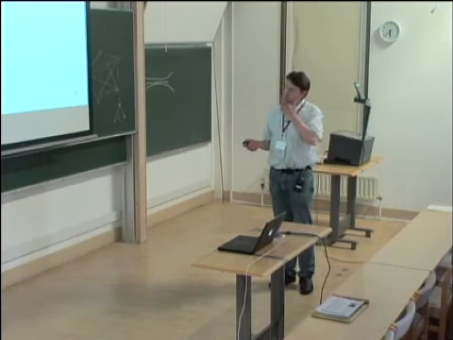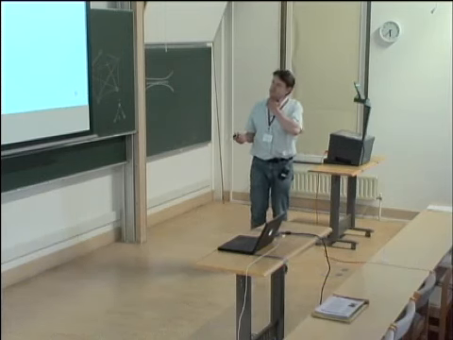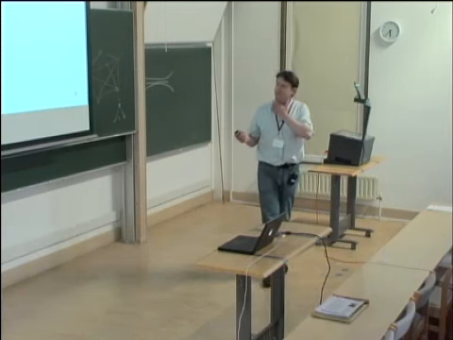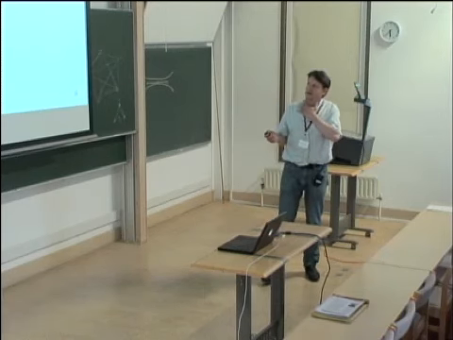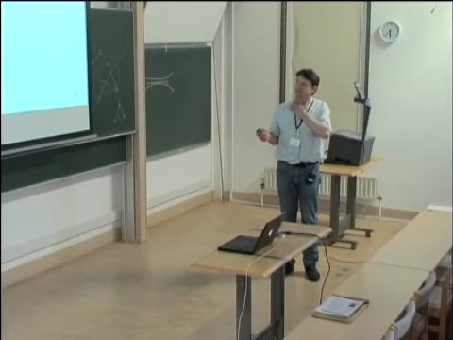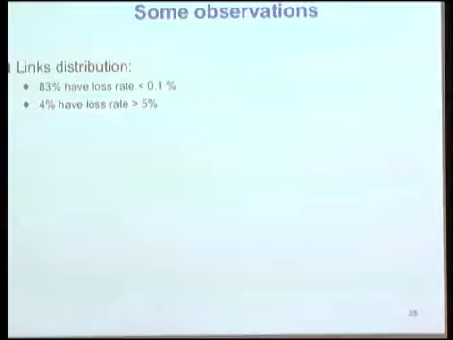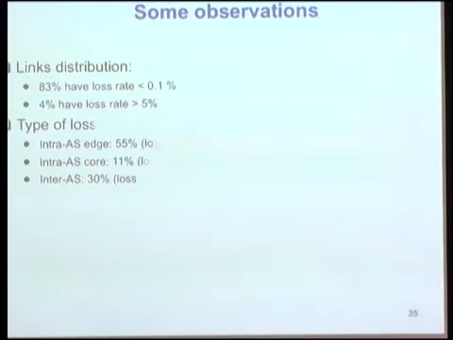Some observations we could make using this tool is that typically 83% of the links in our data set, so in our measurements, have a loss rate below 0.1%, and only 4% have a loss rate above 5%.